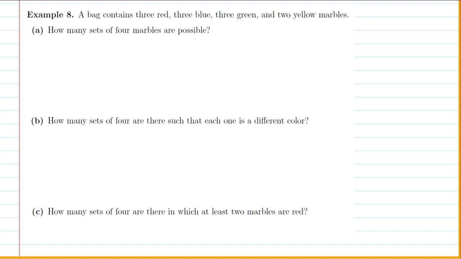So we are going to assume that each colored marble is indistinguishable. So I cannot distinguish one red marble from another red marble, right? So, all right. How are we going to count this?